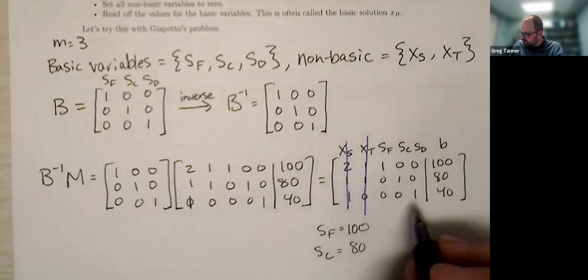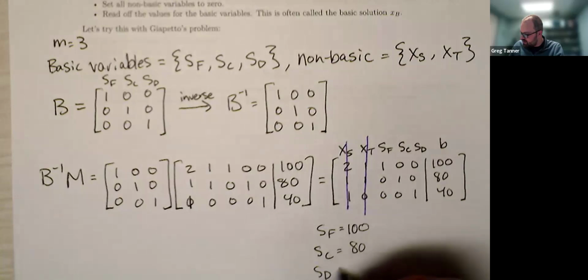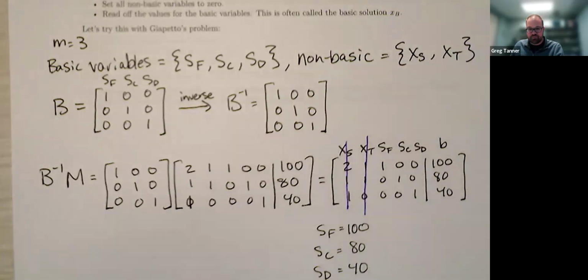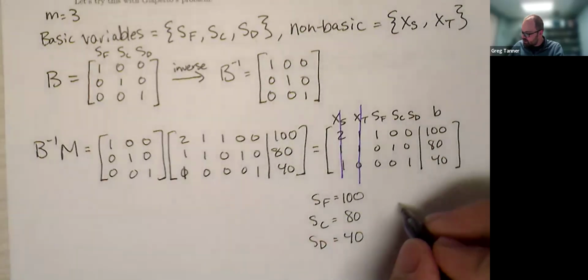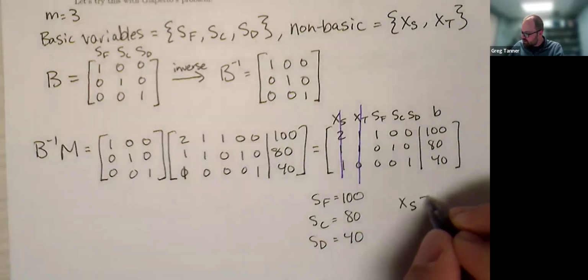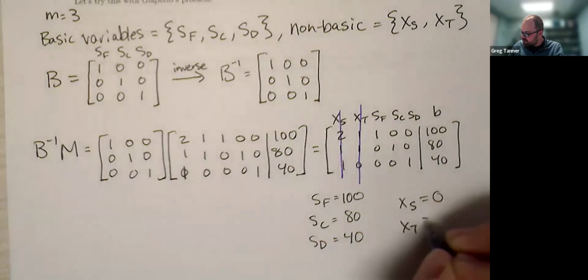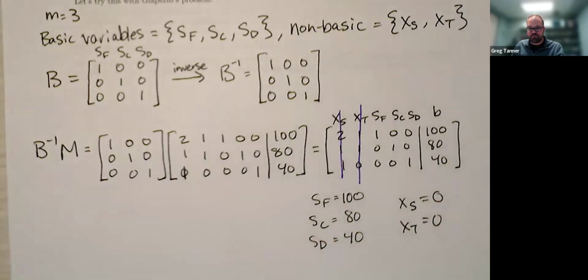And then the last row tells us that SD equals 40. Okay, so that's our values for our basic variables. Our non-basic variables, XS and XT, are both set to 0. And so that gives us one of our basic solutions.